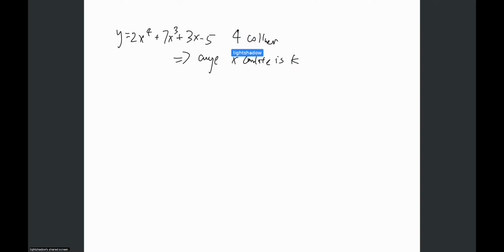Actually, I picked this from the Trinity sample test, but I never dared to apply for Trinity, of course. I applied for Curtin. So for collinear, an average x coordinate should be k.